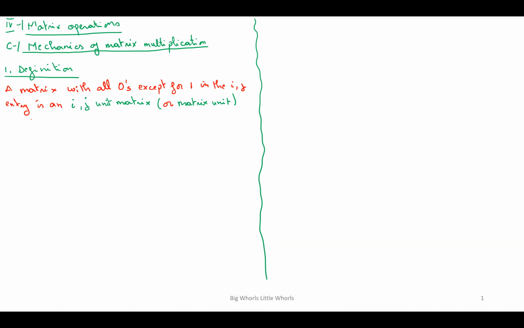So, an example of an ij unit matrix: maybe a 2 3 unit matrix. Let's say we have 2 rows and 3 columns.